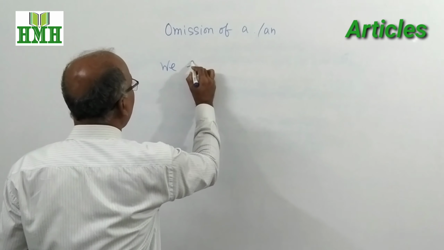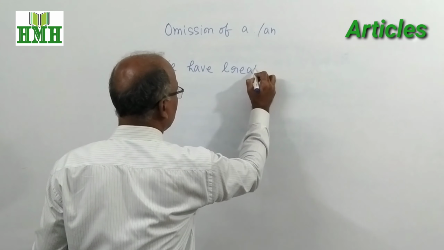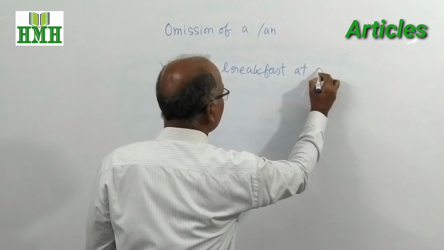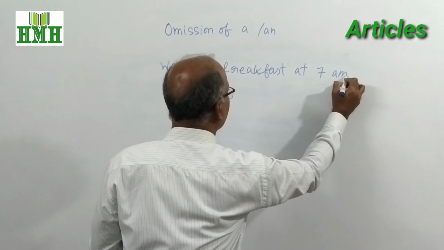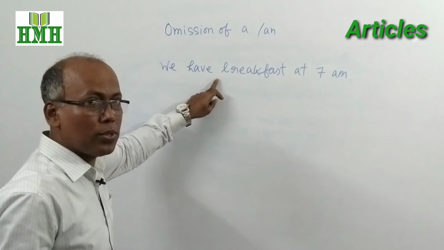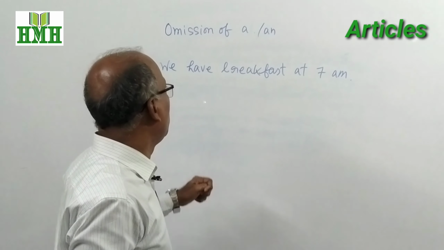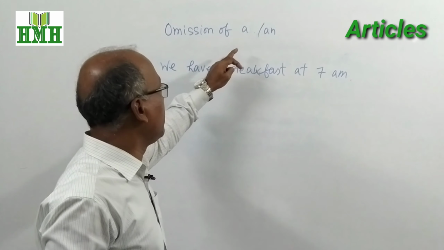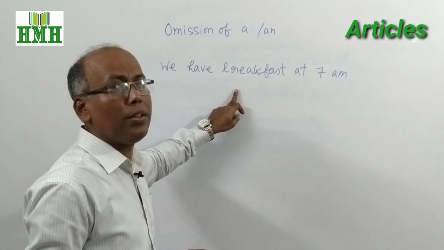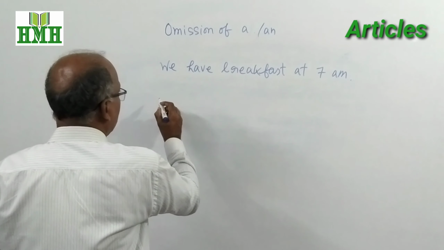For example, we have breakfast at 7 a.m. We don't use article before a meal, but A or N can be used before meal if it is modified by an adjective.